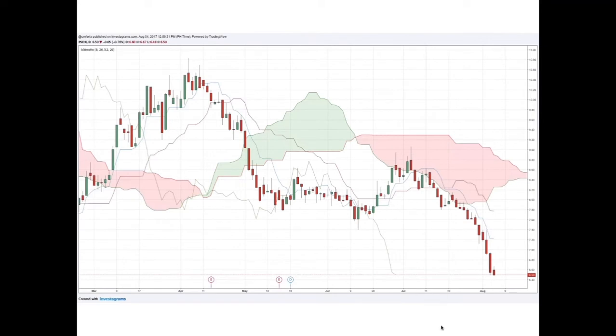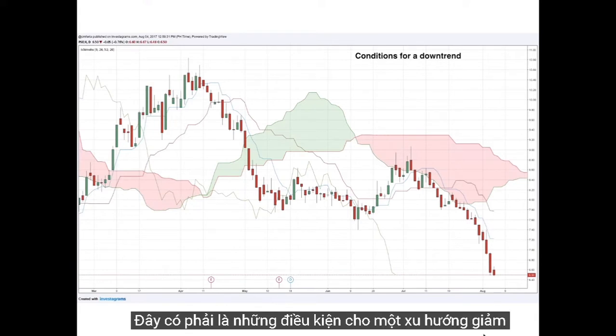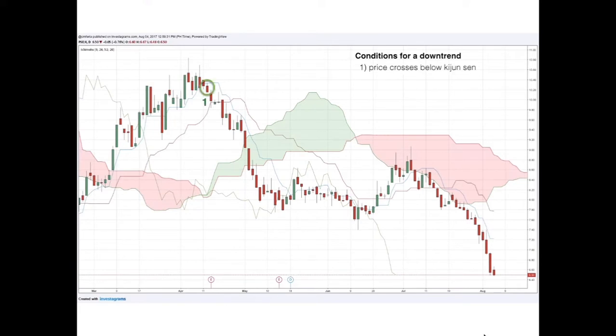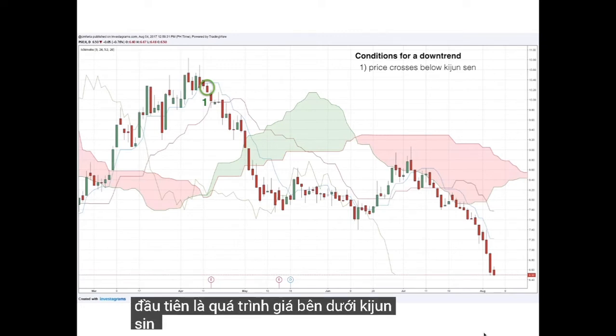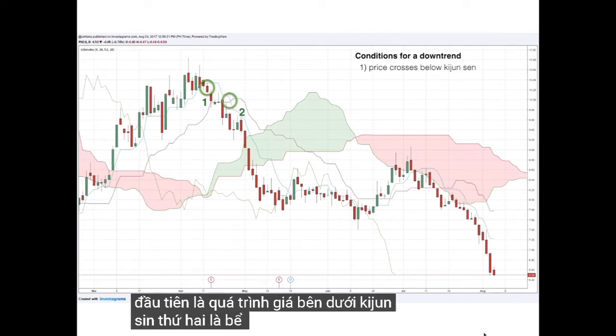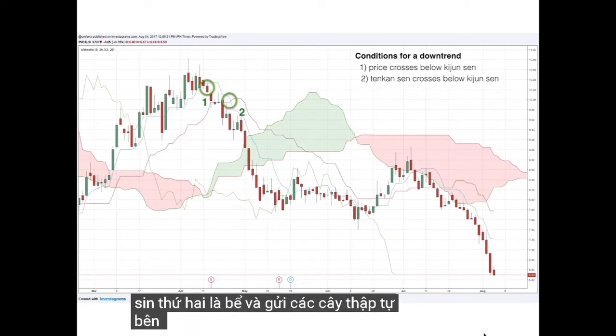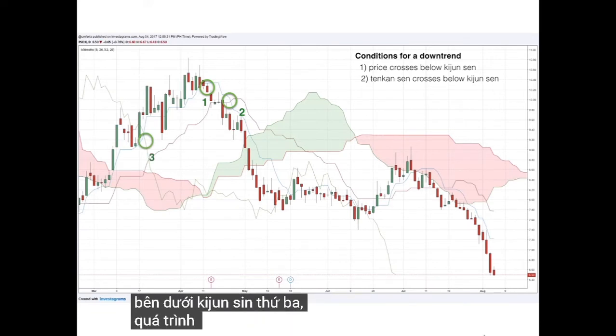Now, what are the bearish signals? These are the conditions for a downtrend. First, the price crosses below the Kijun-sen. Second, the Tenkan-sen crosses below the Kijun-sen. Third, the Chikou span crosses below the price.